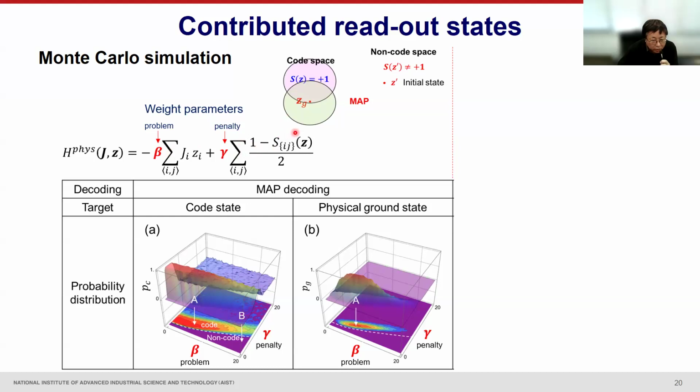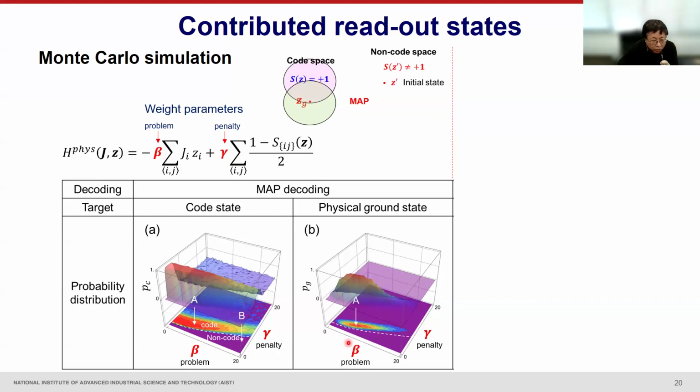If we note the two points A and B on the weight parameter space, we see that the target physical state can be obtained only for point A.